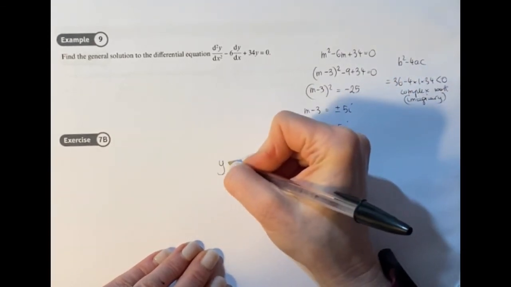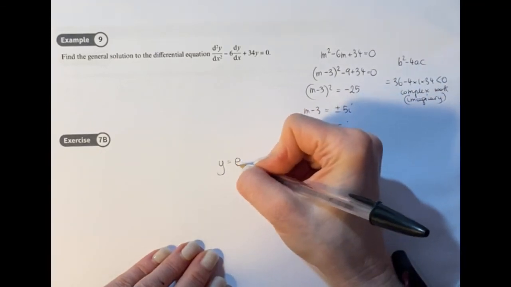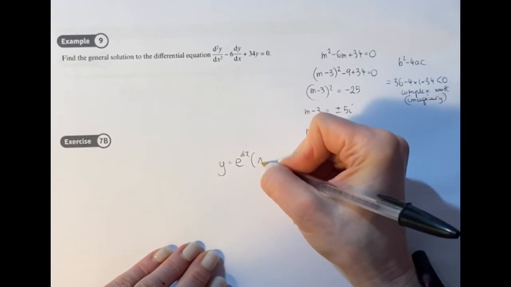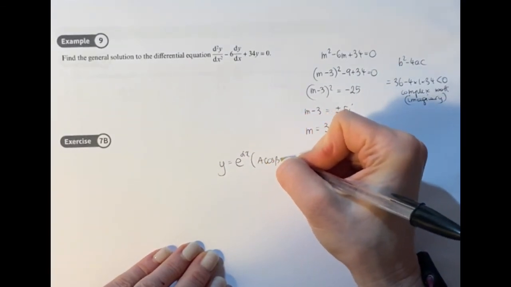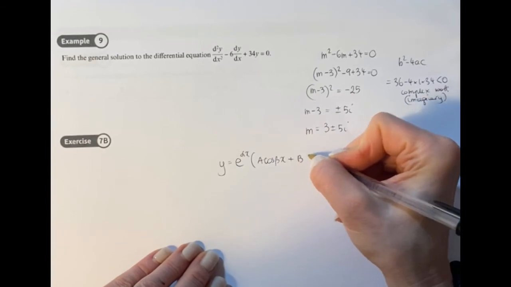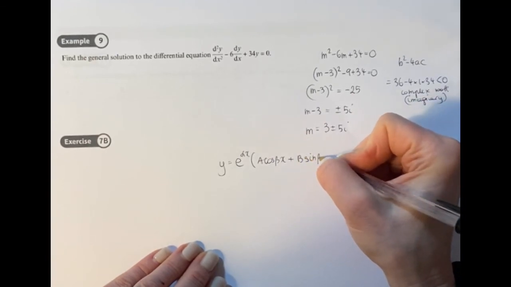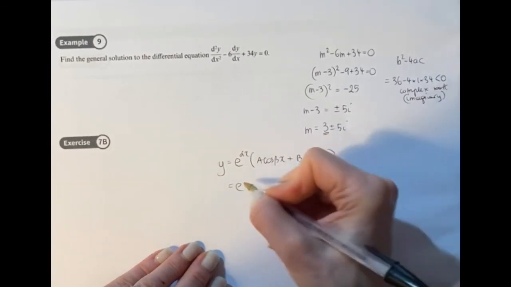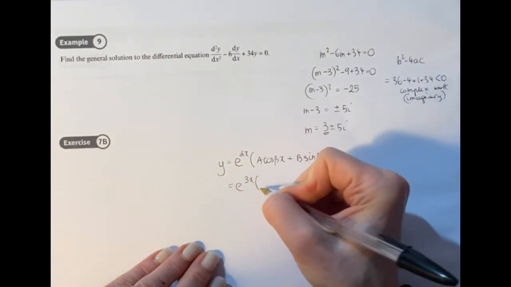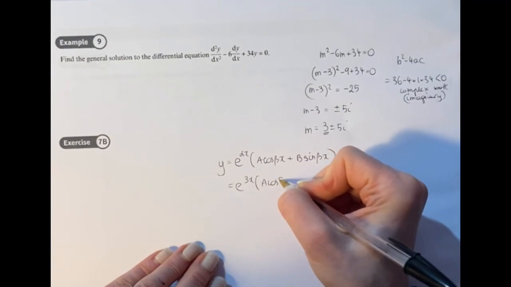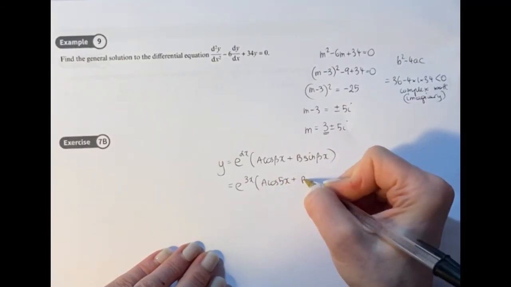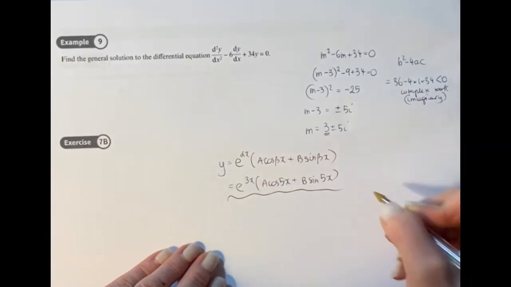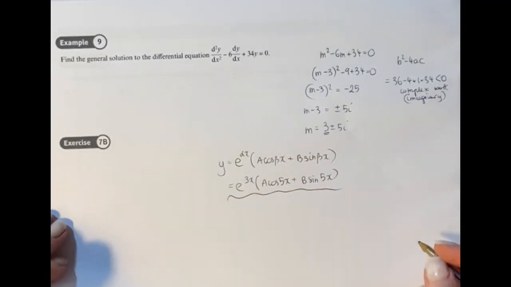So the general solution is going to be e to the power of, remember, alpha x, and then you've got a cos beta x plus b sine beta x. So e to the power of, this is the real part, so 3x, a cos 5x plus b sine 5x. There you go.